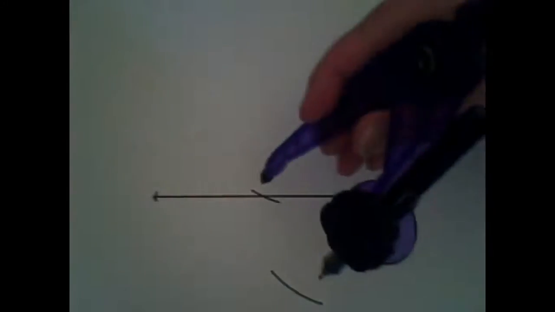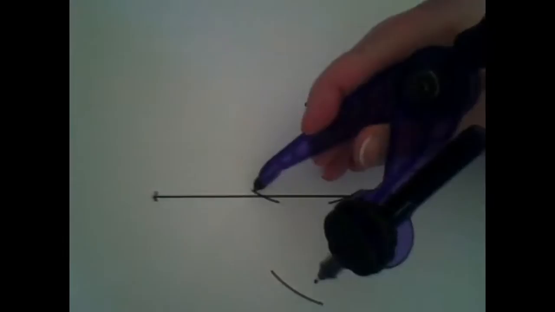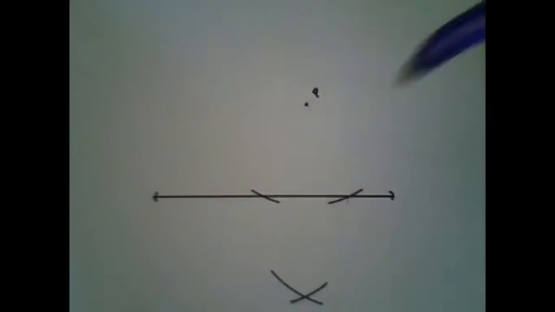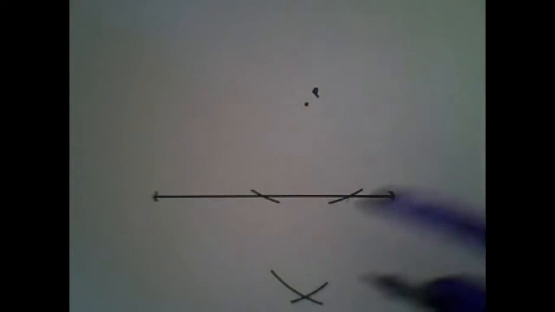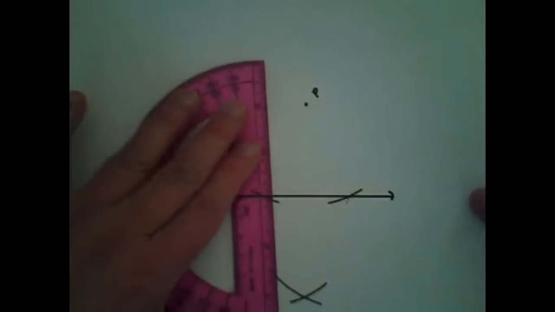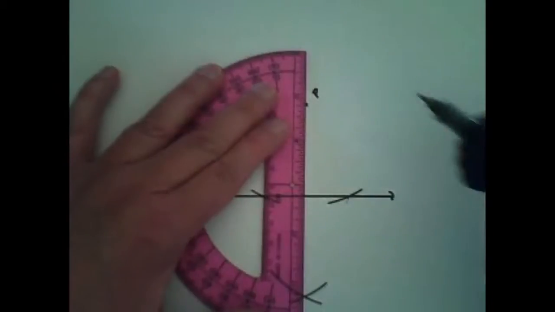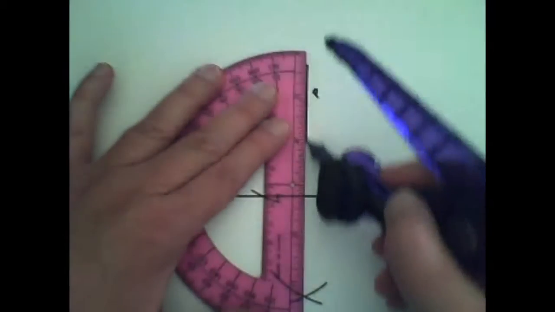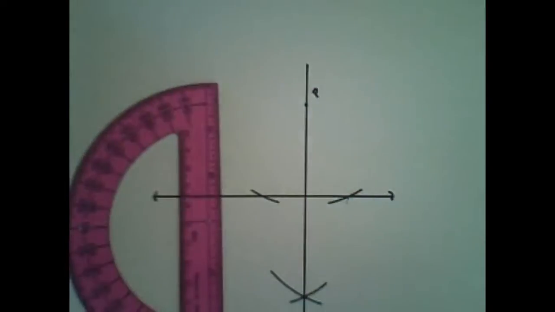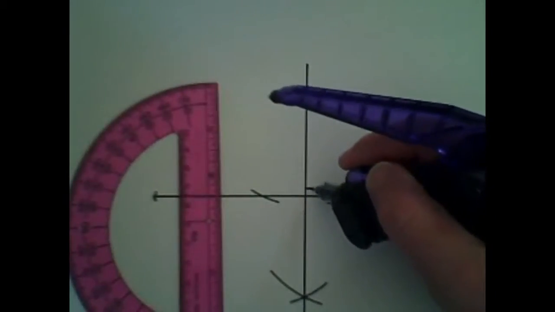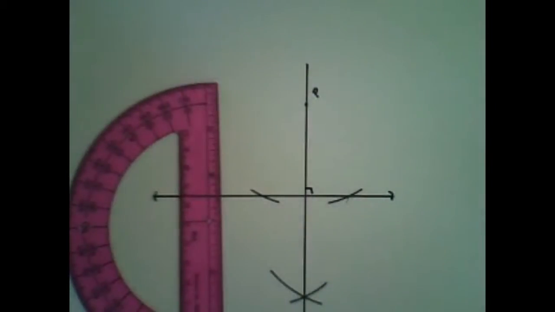So make an arc below the line, and then point on this intersection, and make another arc below the line. So now I've got yet another intersection, which indicates another point, and I can connect my original point P up with that intersection. And when I do that, I have a line or line segment that is perpendicular to my original line.